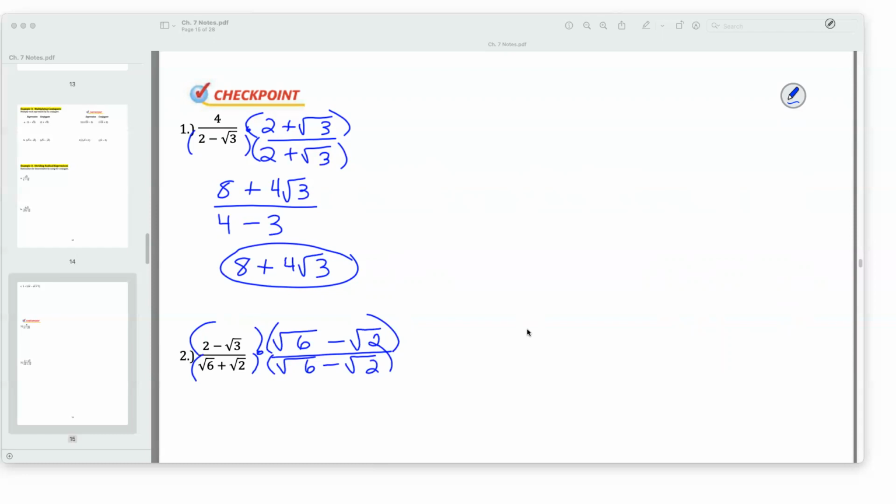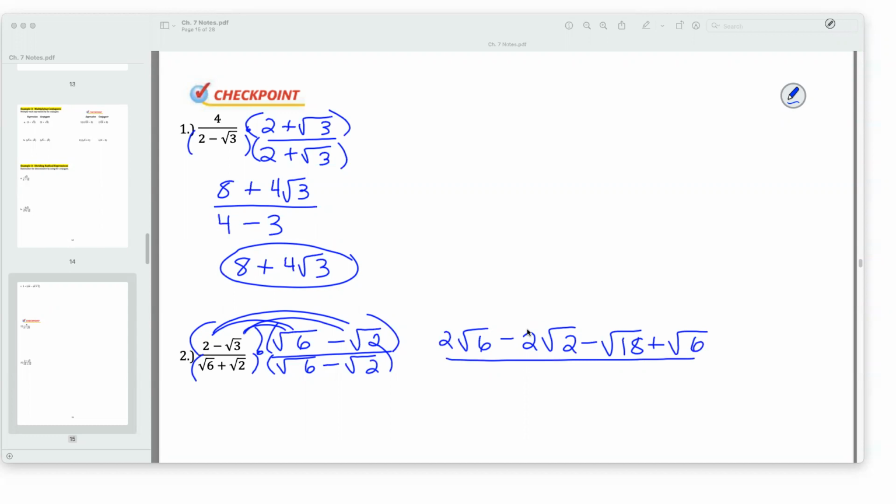So multiplying this out, 2 times square root of 6 is 2 square root of 6. 2 times negative square root of 2 is negative 2 square root of 2. Negative square root of 3 times the square root of 6 is negative square root of 18. And then negative square root of 3 times negative square root of 2 is going to be positive square root of 6. So that's my numerator, which I will simplify later.